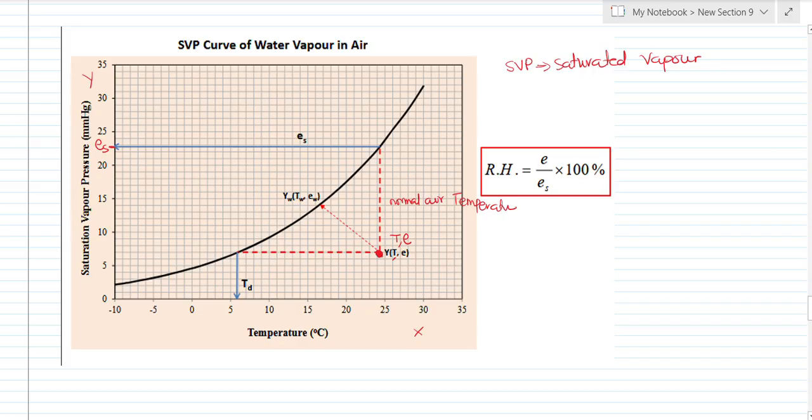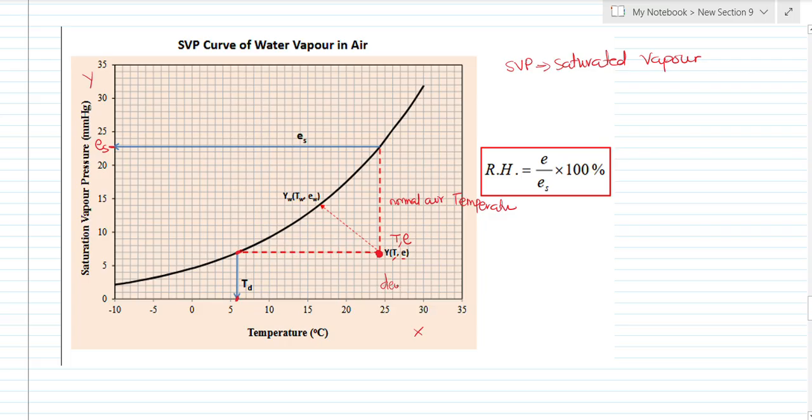Now, if at that same point I trace the vapor pressure to touch the saturated vapor pressure curve, the corresponding x-axis value is going to be a temperature, and that temperature is what?